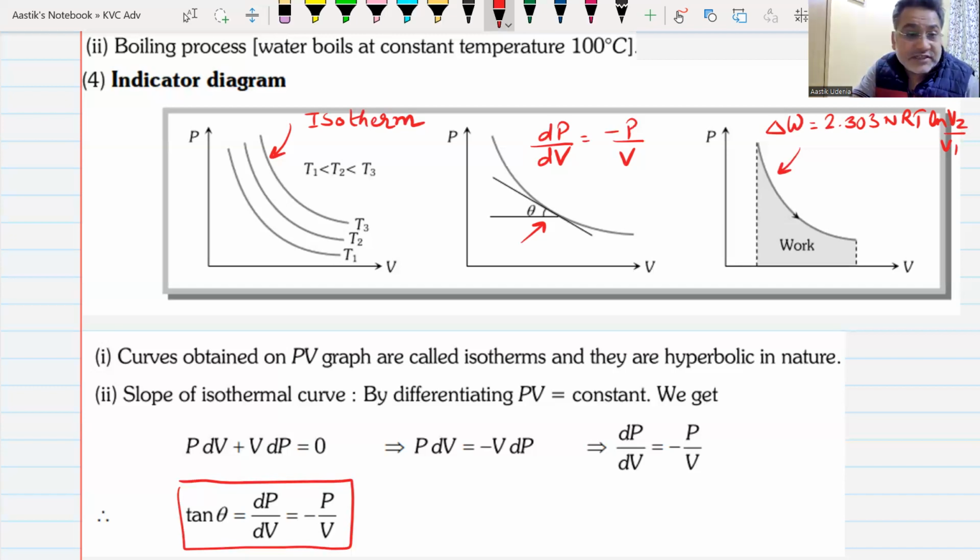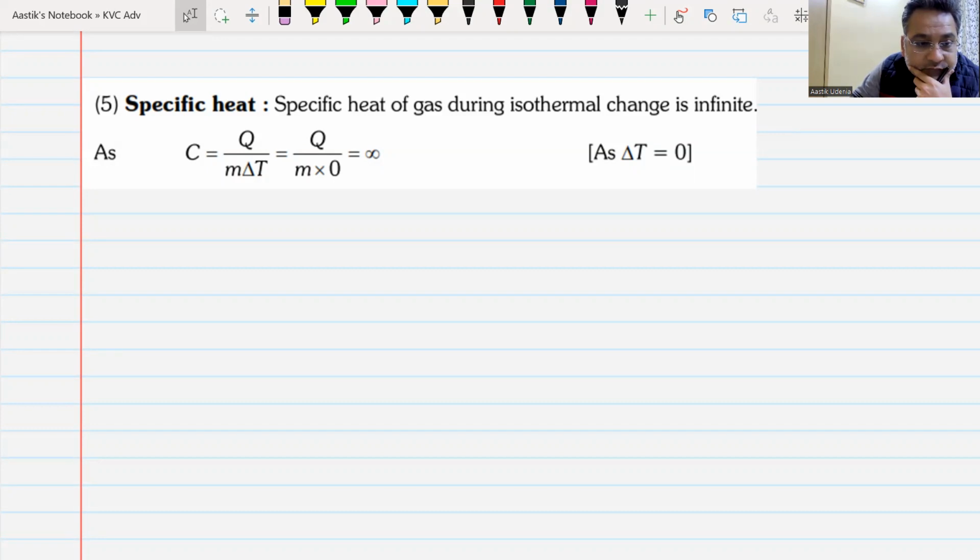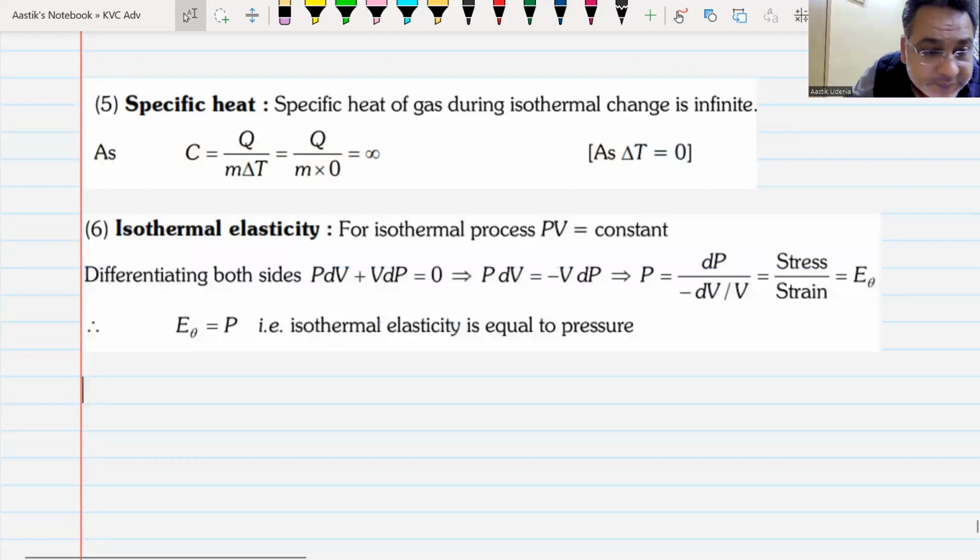Remember, there is no change in temperature, so for this process the molar specific heat will be infinite. Yes or no? Sir, in the last one here, work done equals to ln or log? Sorry, log. I wrote ln. It has to be log, not ln. Log to the base 10.